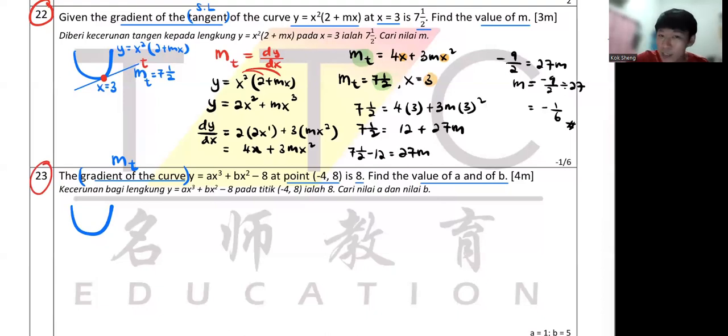So yes, we later differentiate the curve, this one. It will be equal to mt, and it will be equal to 8. It's the same. I continue to draw my graph. The gradient of the tangent, the mt given to you is 8, which means this straight line, the tangent, has a gradient equal to 8.